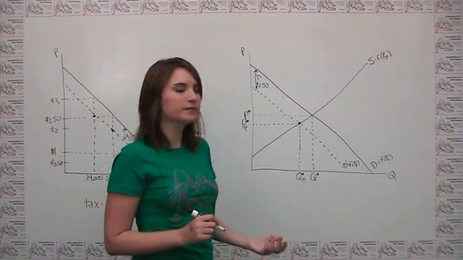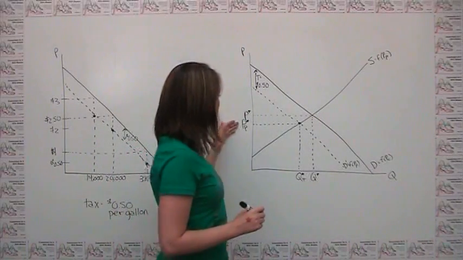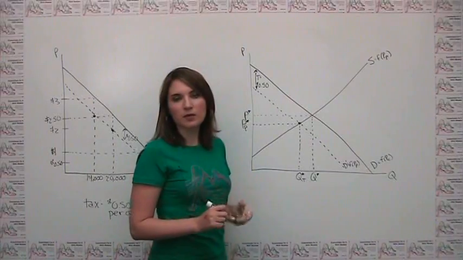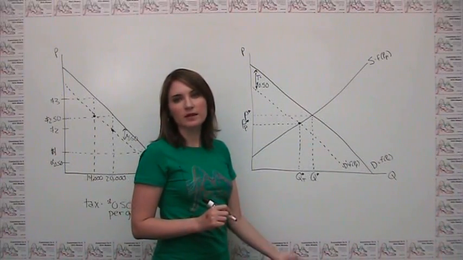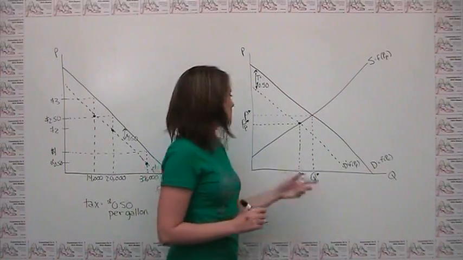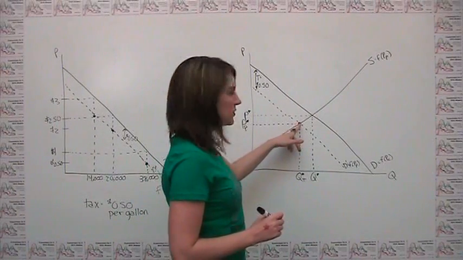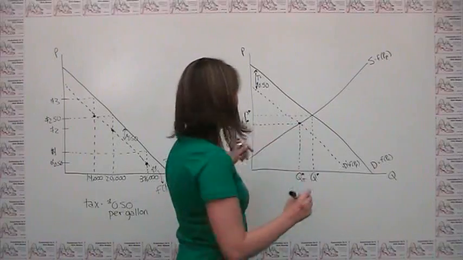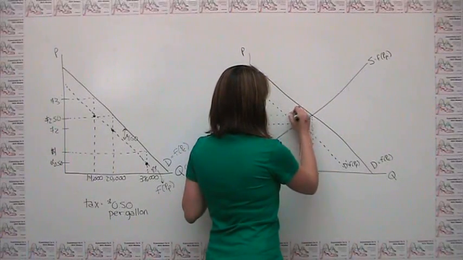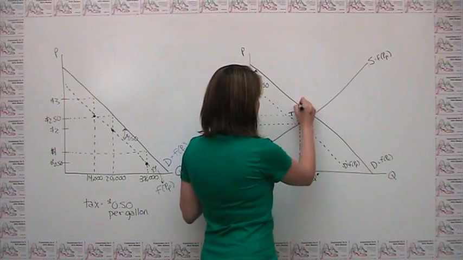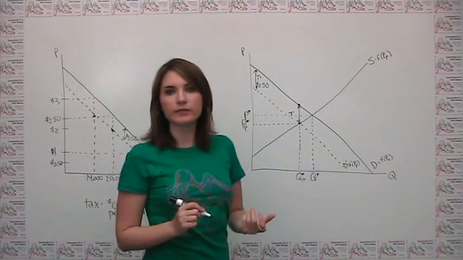The second question that we want to ask ourselves then is, where is the new price to the consumer? Well, if you recall, the consumer is paying both the amount that the producer gets to keep, and the amount of the tax. So we can go up from the producer's price by the amount of the tax to find the price to the consumer.